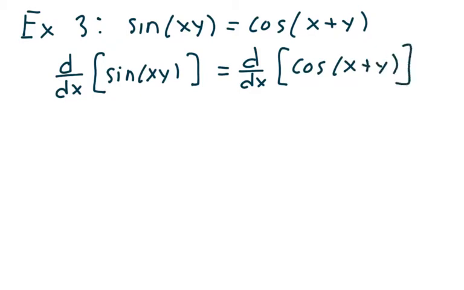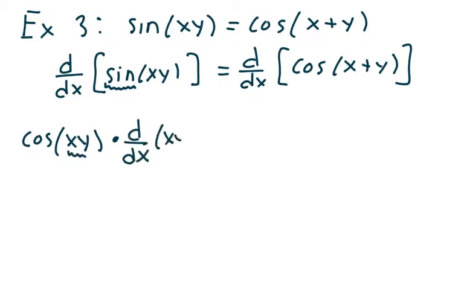Now, again, this is the chain rule. You're applying the chain rule here, okay? The derivative of the outside function sine is cosine. So I'm going to take cosine of xy, and I'm going to multiply by the derivative of that inside, which is xy in this case.